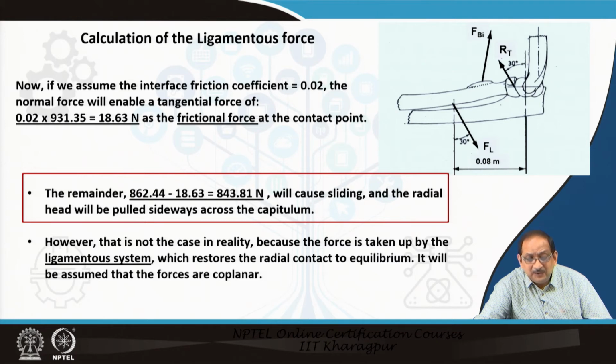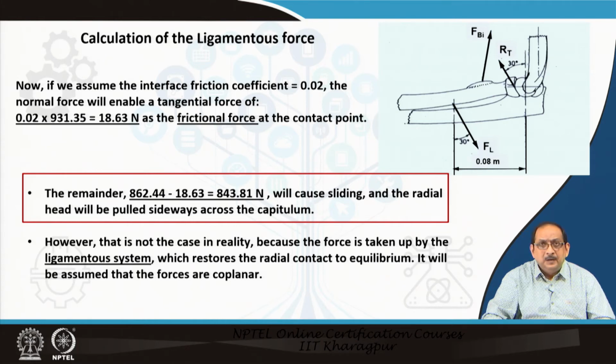So, the radial head will be pulled sidewise across the capitulum due to the action of this unbalanced force of 843.81. However, this is not the case in reality, because the force is taken up by the ligamentous system, which restores the radial contact to equilibrium.